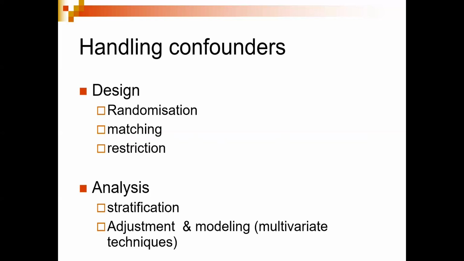Then at analysis, you can do what we call stratification, where you stratify according to the confounder, or you can do what we call multivariate techniques, where you put all the variables in one model as part of your analysis.